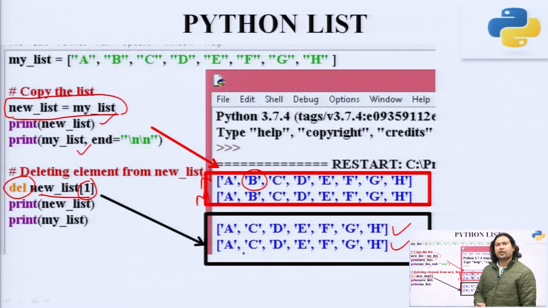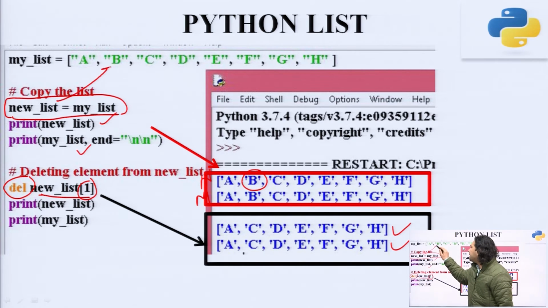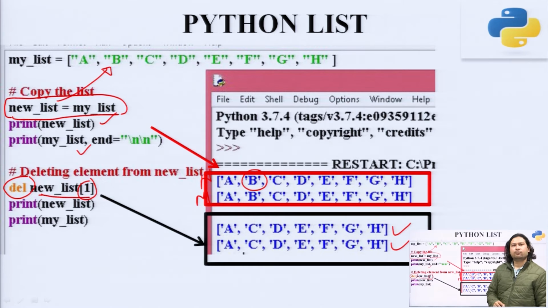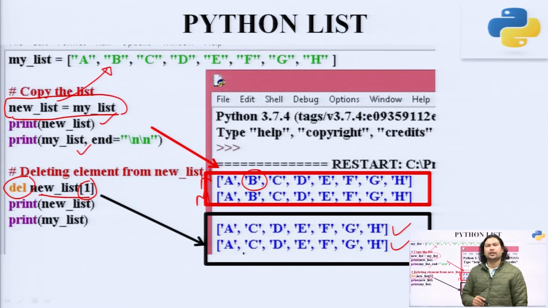So, what is happening here is that this new list is nothing but the alias of this my list. When I say it is an alias of my list, it means like whenever we have a person with two different names, for example, a person with the name Mahesh. So, Mahesh is the name for calling that person. Similarly, let us say Monu is also the name for the same person Mahesh.